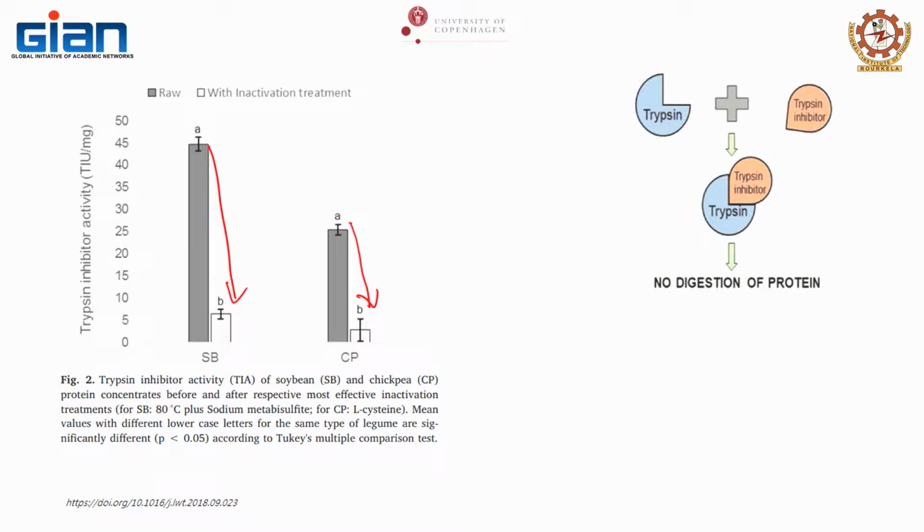When the trypsin is inactive, it cannot digest the protein in your intestine, and you have what we call indigestion, right? So, the protein digestibility will be compromised. By heating, you can inactivate trypsin inhibitors. A lot of examples are there. I just found only one here for you. Okay.